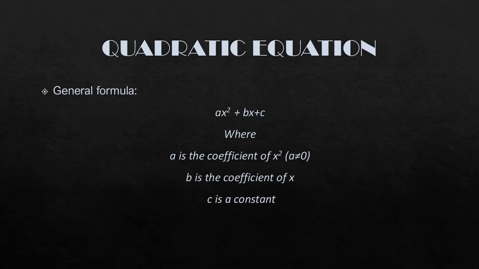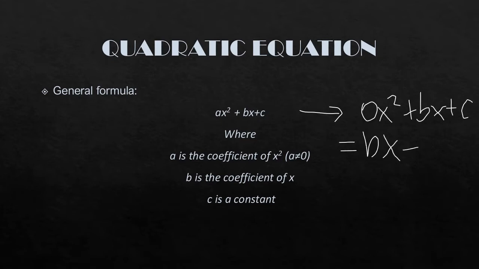Well, because if a is 0, the equation will be 0x squared plus bx plus c, which is also equal to bx plus c. Now we know that bx plus c is not a quadratic equation because the exponent of x is 1. So therefore a should not be equal to 0.